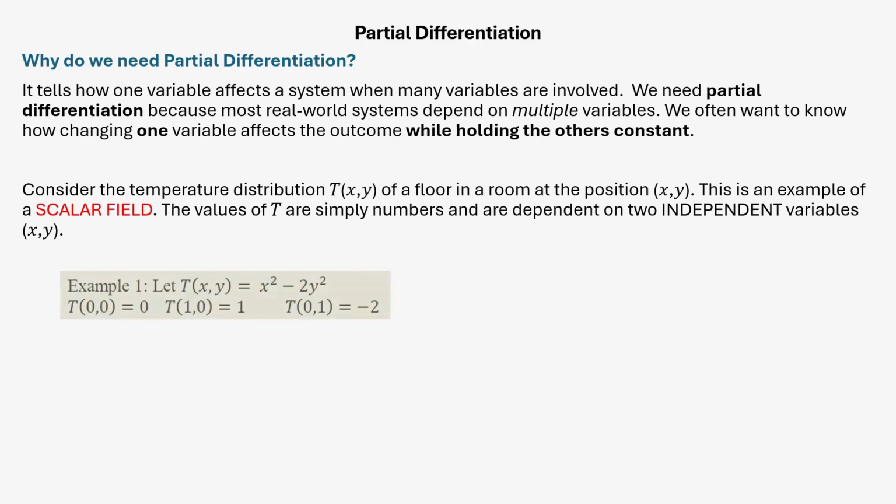There is the equation for a scalar field, which is x squared minus 2y squared. For the location where x equals 0 and y equals 0, we get the temperature quantity, which is 0. And for x equals 1 and y equals 0, we get the temperature value, which is 1. So for different locations, we get different values for temperature.